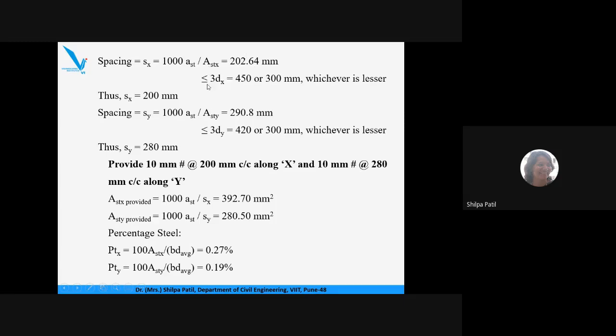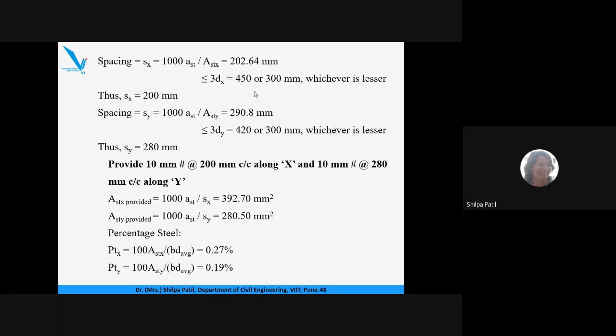This is to be compared with the minimum criteria, that is this value should be less than or equal to 3d or 300 mm, whichever is less. Now, in case of one-way slab, we calculated the spacing for main steel along the short span and the distribution steel we provided along the longer span, and we calculated the spacing for distribution steel also. For distribution steel, the criteria for checking the spacing is different.